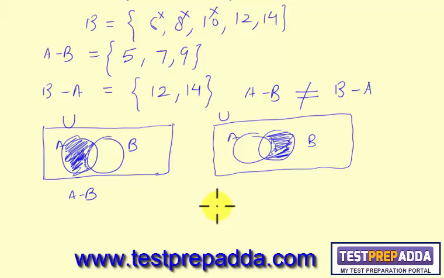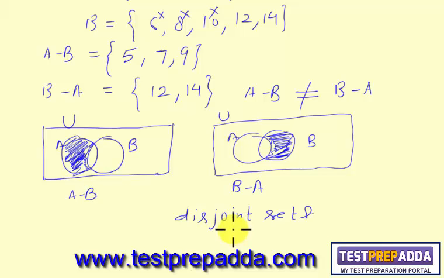So A minus B and B minus A are actually disjoint sets. Disjoint sets means the intersection is a null set, an empty set.